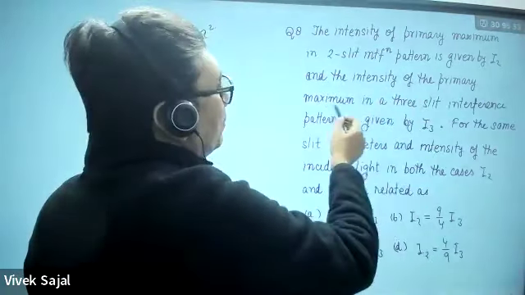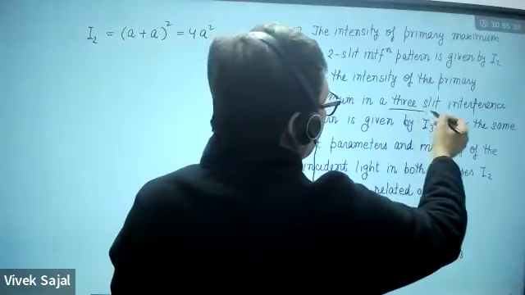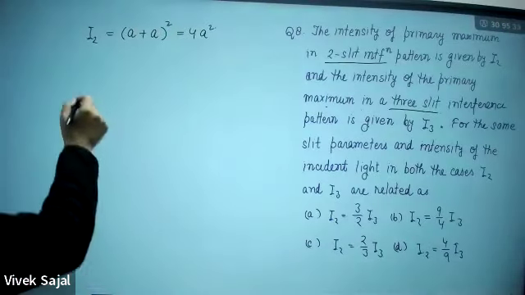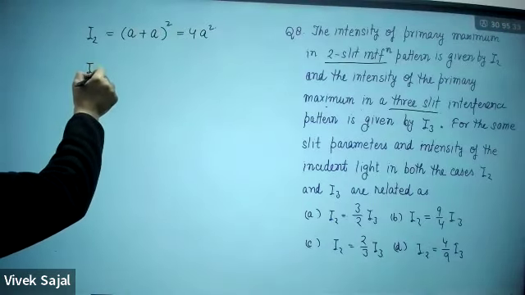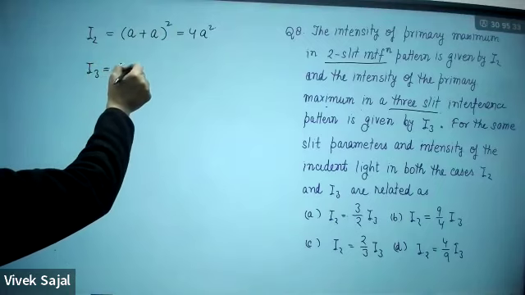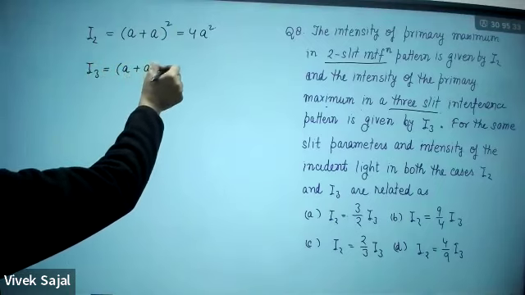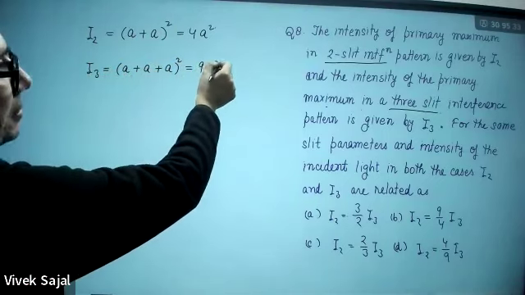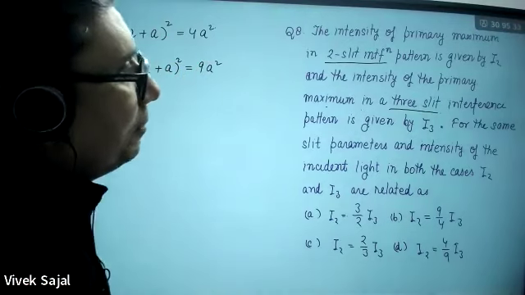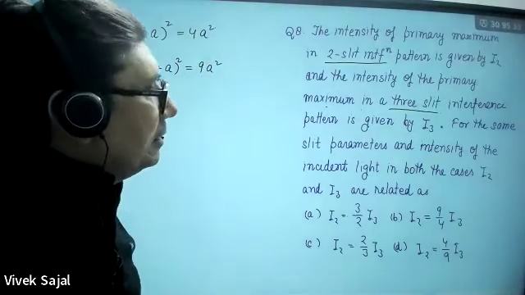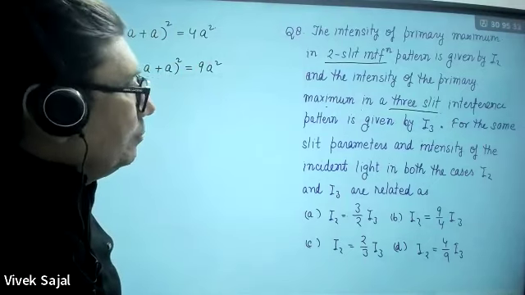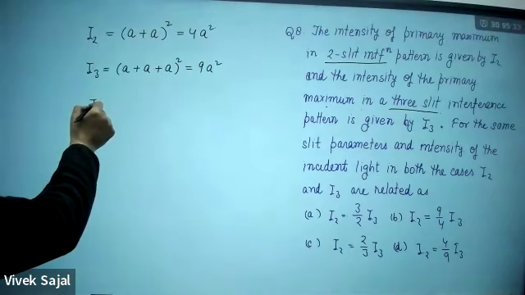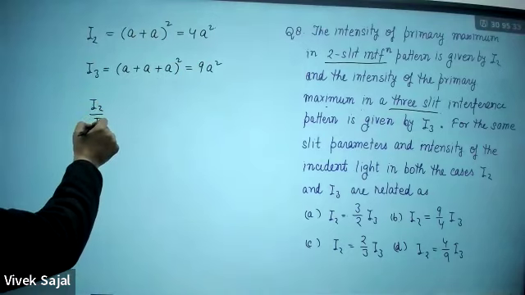And the intensity of the primary maximum in a three slit interference pattern is given by I3. So that will be how much? I3 will be A plus A plus A whole square. So that will be 9A square, for the same slit parameters and the intensity of the incident light. In both the cases, I2 and I3 are related as: divide I2 by I3.